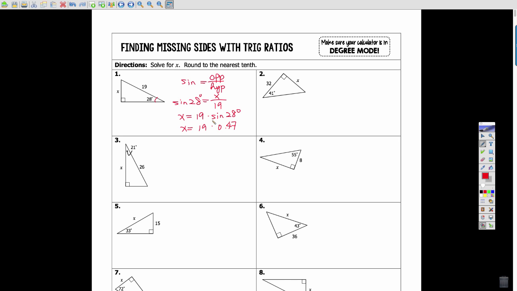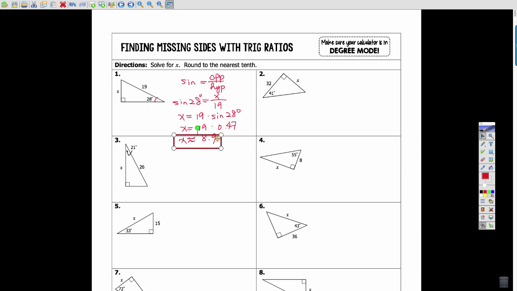If you're using a calculator, you can just find the button that says SIN and plug in 28. That's much easier. But for iPhones, you have to hold it sideways so that you can see the sine button, then plug in the 28 first, sine, and then multiply by 19. Your x is approximately 8.9. That's your final answer there.